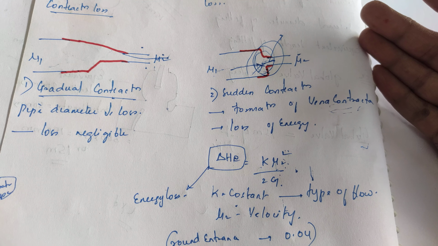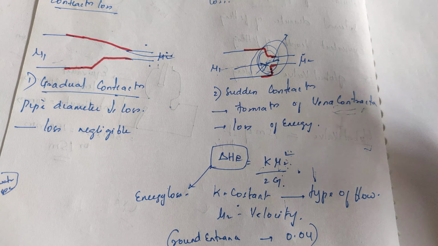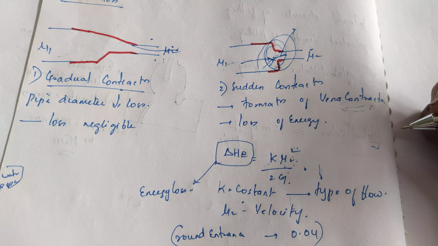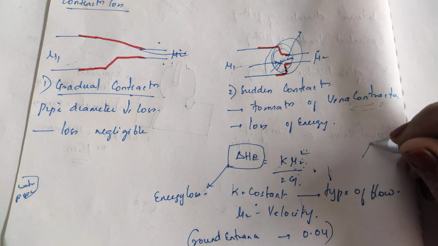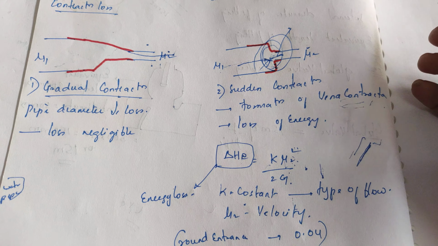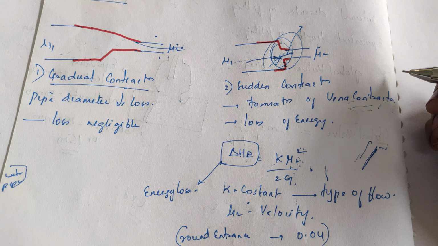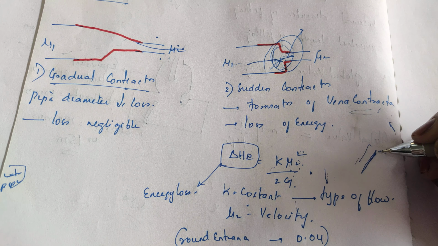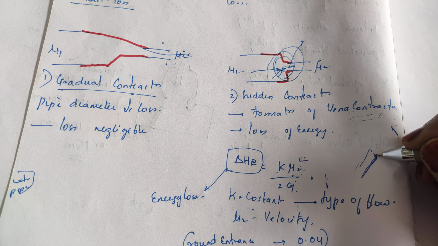So what happens when you keep a finger, when you create a sudden contraction? For example, a pipeline is there and you are using this pipe to water plants away from you. To increase the velocity, you keep one finger near the mouth of the pipe.